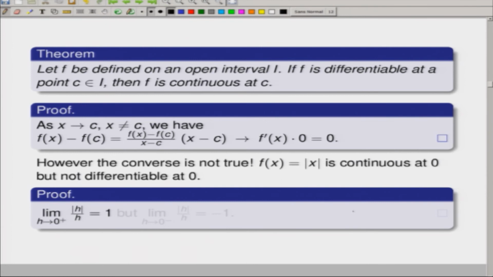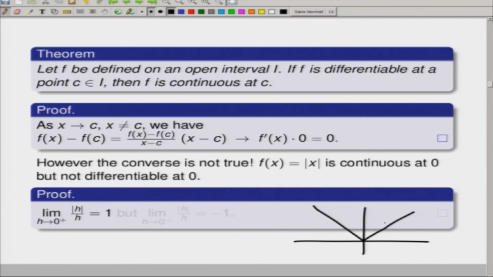Now, mod x, if you draw the graph, on the positive side it is x, and on the negative side it is minus of x, which means positive. So, here there is a drastic change of direction at the origin.